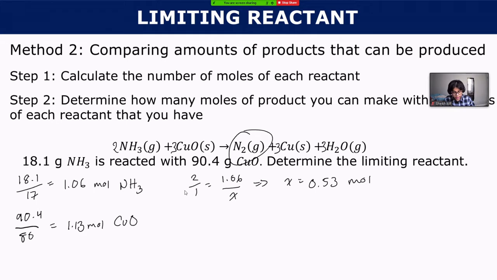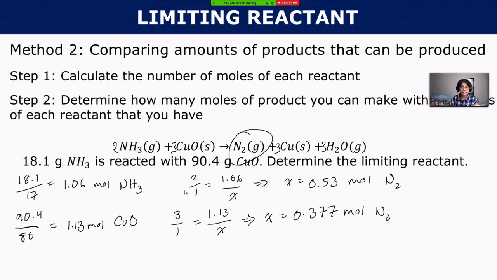Let's calculate the same thing for copper oxide. Copper oxide is in a 3 to 1 ratio. So 1.13 divided by x. Okay, so x is going to equal 0.377 moles of N2 gas.